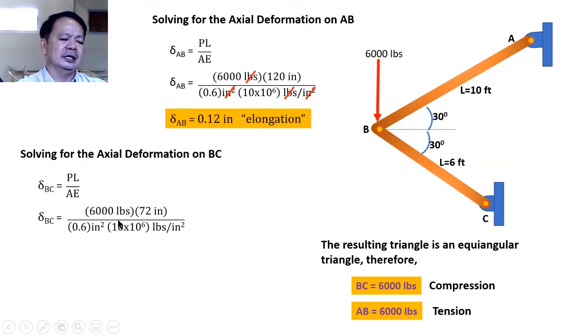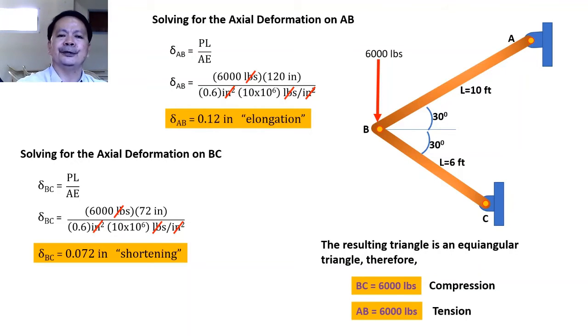Again, in this equation, pounds will cancel and inch square will also cancel, and the resulting unit for the deformation of the member BC equals 0.072 inch, and that is shortening. Shortening because member BC is subjected to compression.